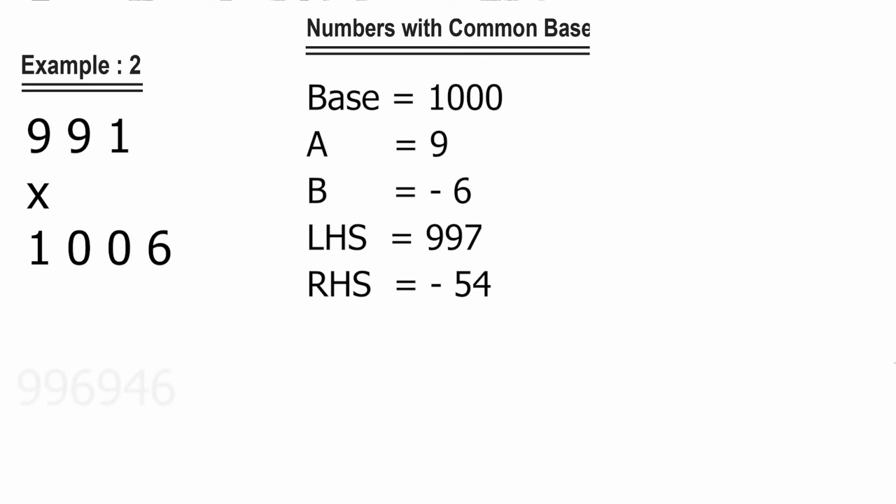We subtract 1 from the left hand side and we do a base minus right hand side to get the right hand side of the answer. So in our case, the final answer would be left hand side minus 1, that is 997 minus 1 is 996, and the base minus the right hand side, that is 1000 minus 54, which is 946.